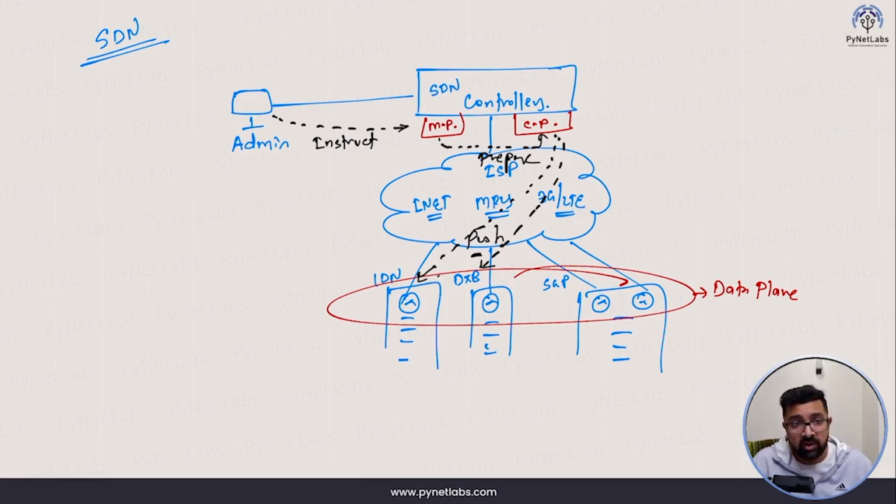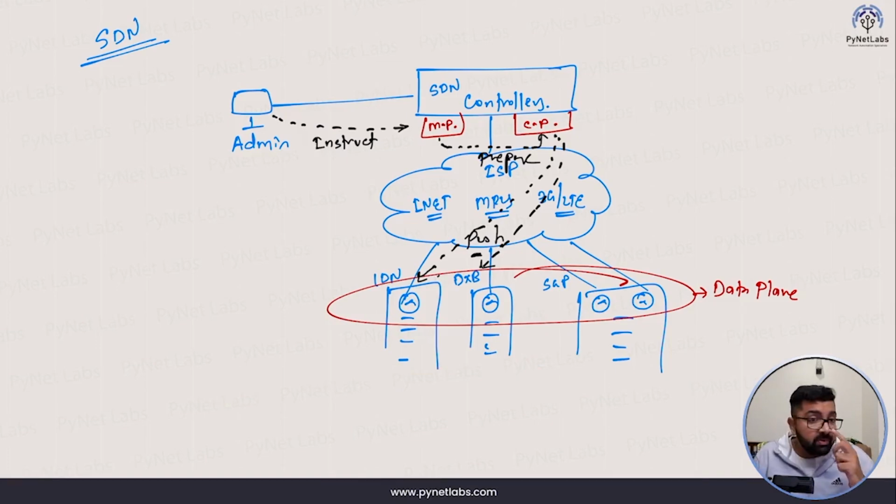So there is no unnecessary downtime caused by your misconfiguration. The configuration will not be applied to the device, and it will save the downtime. It is faster because the controller will be able to push configuration on multiple devices in one go. So those are the very high level benefits that SDN provides you.